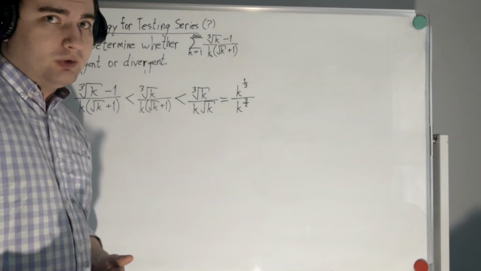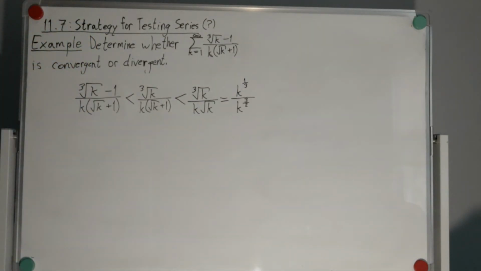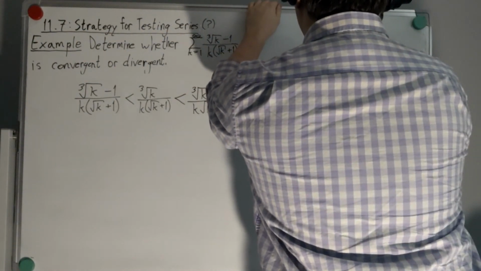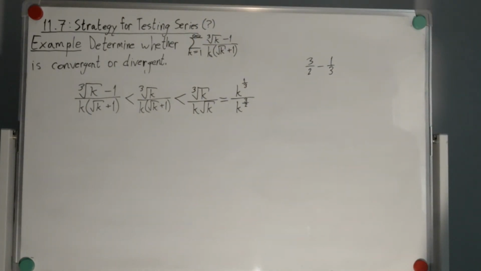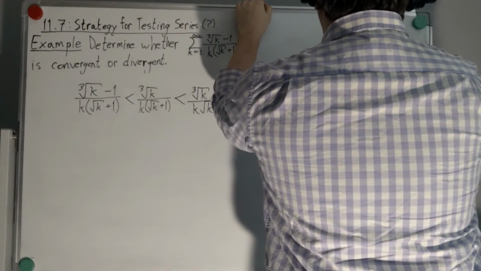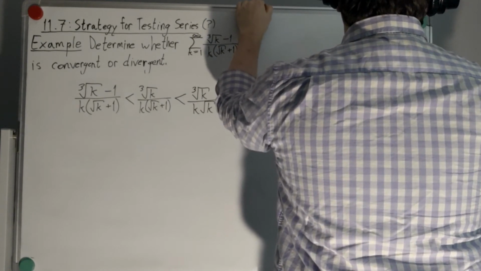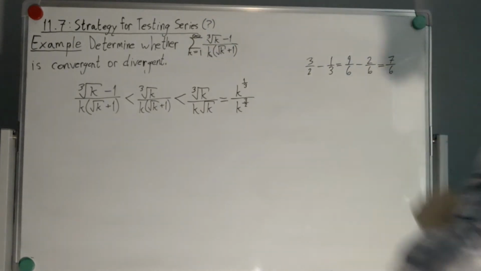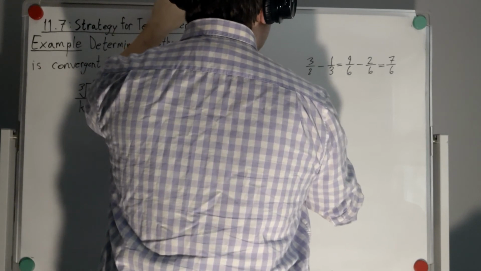You add the exponents, you get 1 plus 1/2, and that makes 3/2. So now we want to subtract these exponents. We have 3/2 minus 1/3. If you find a common denominator, I guess the easiest would be 6. So this is the same thing as 9 over 6 minus 2 over 6, which makes 7 over 6. And so this ends up being 1 divided by k to the 7 over 6.